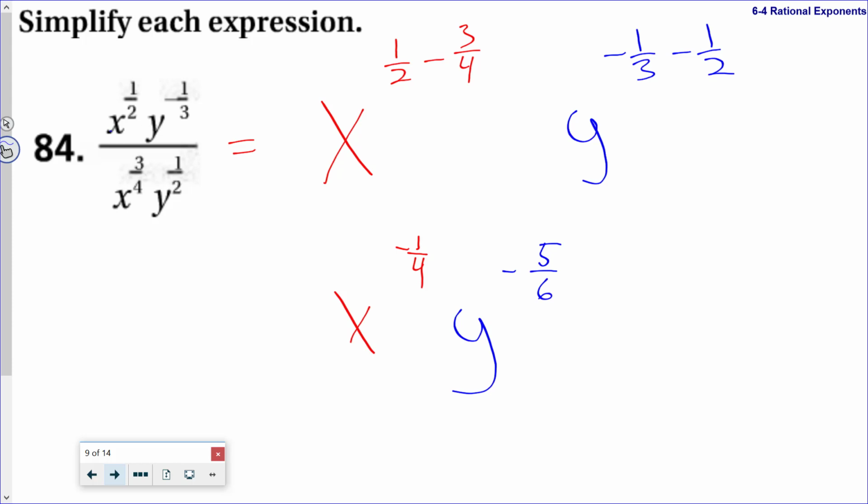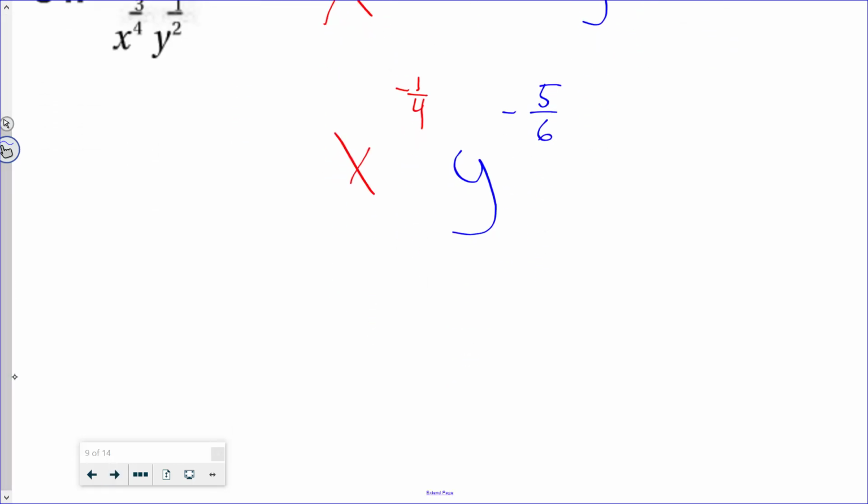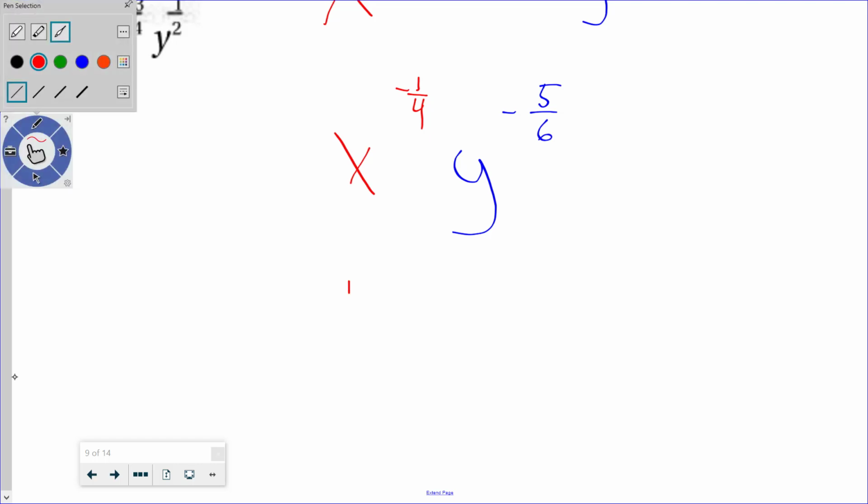So what can we do to make the exponents positive? 1 over x, right? Sure. So this is 1 over x to the positive 1/4. How about the y? And then you do 1 over y to the positive 5/6.